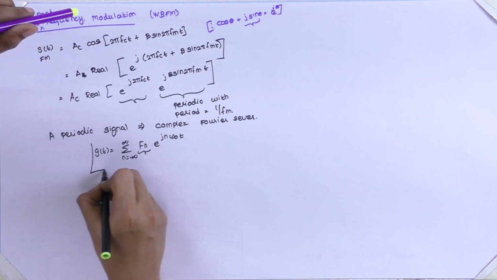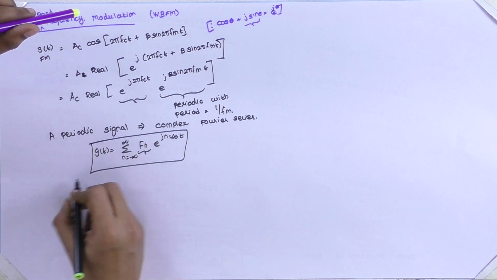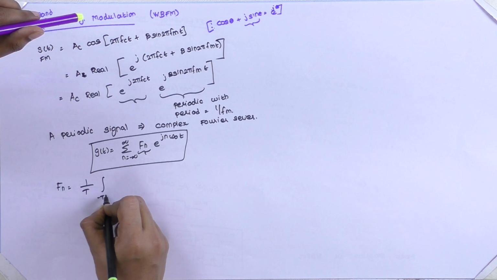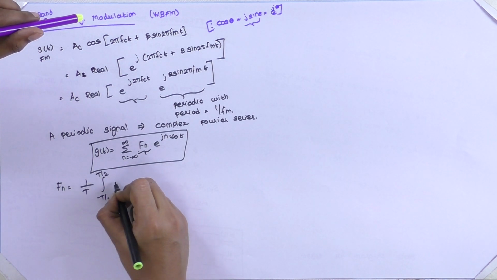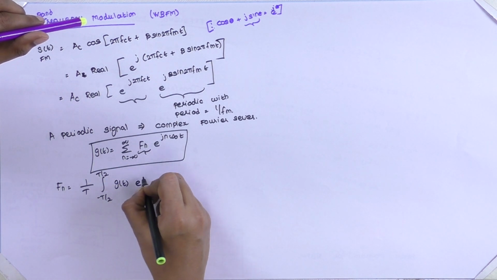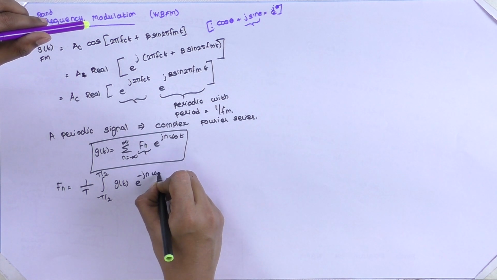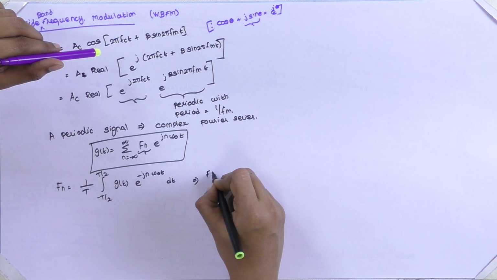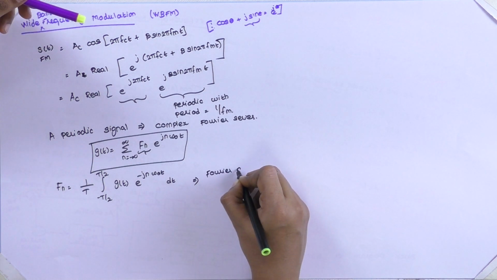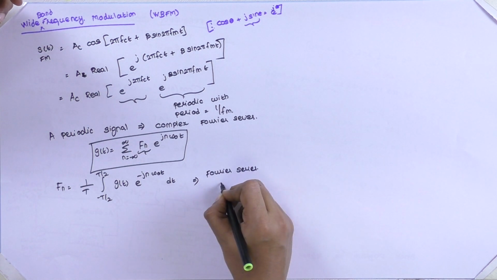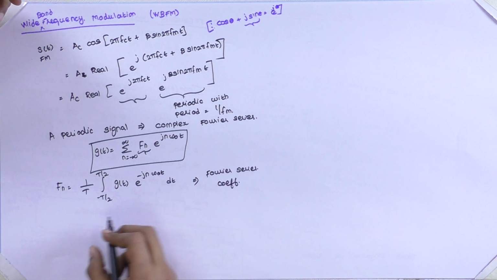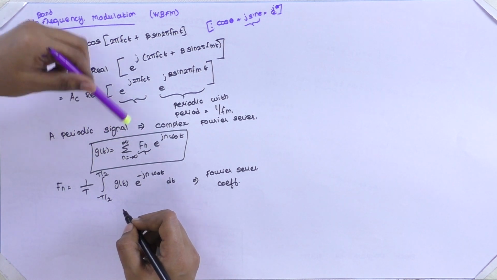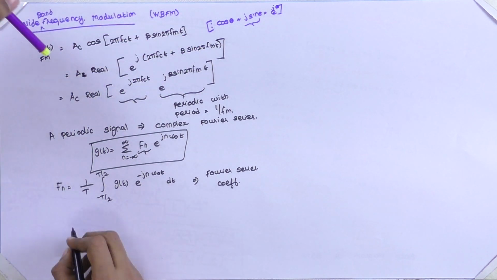Fn is equal to 1 by T times the integral from minus T by 2 to plus T by 2 of g(t) e power minus jn omega naught t dt. So, this is the Fourier series coefficient. Now, according to our expression, g(t) is e power j beta sin 2 pi fmt.